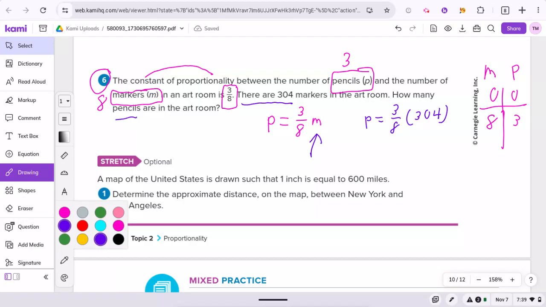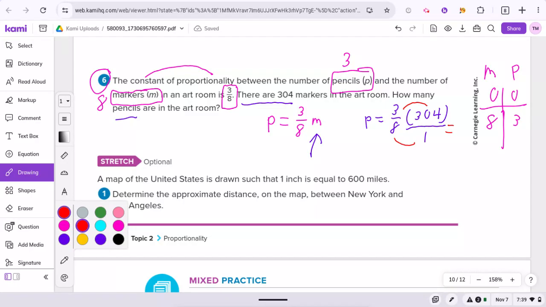So there's a couple different ways you can do this one. For this one, I would do it different than I did number 1. For this one, I would convert 304 to a fraction. I would just put 304 over 1. I would multiply across. So I would go 3 times 304, 8 times 1, and then I would divide those two numbers.